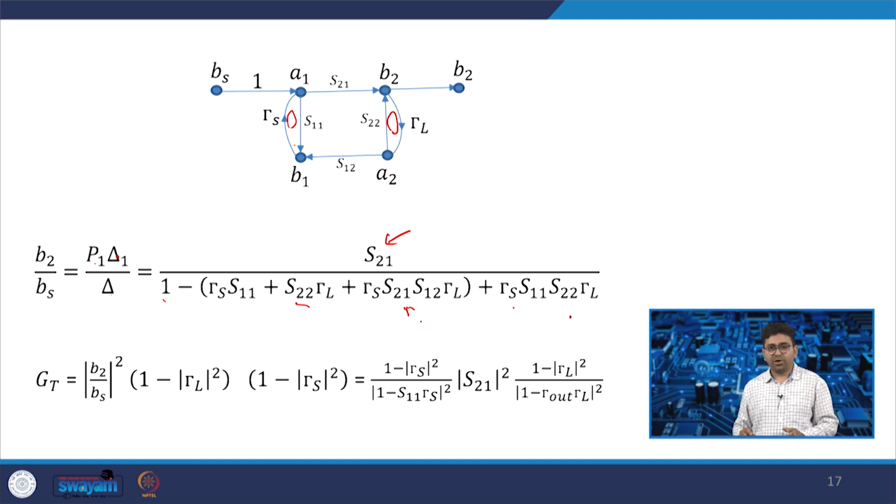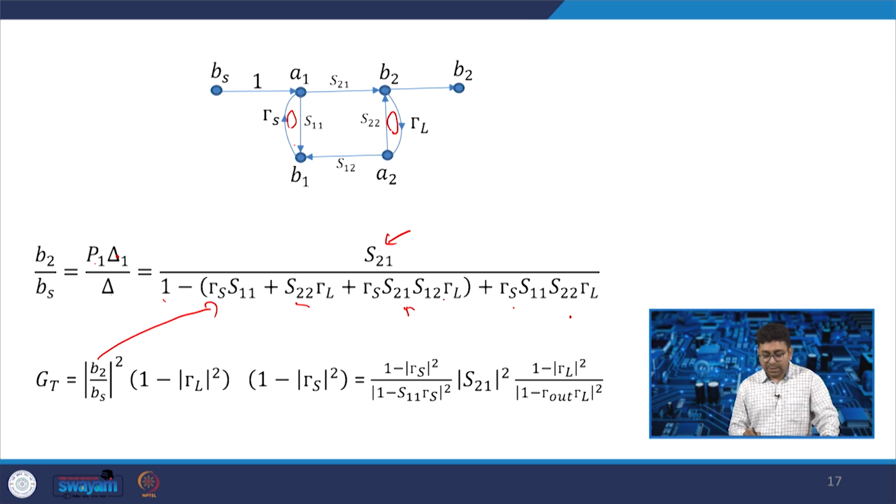Here we have straightforwardly used Mason's rule, and if you work out this equation, B2 by Bs square times 1 minus gamma L square over 1 minus gamma S square is equal to 1 minus gamma S square whole square. You only need to replace this.